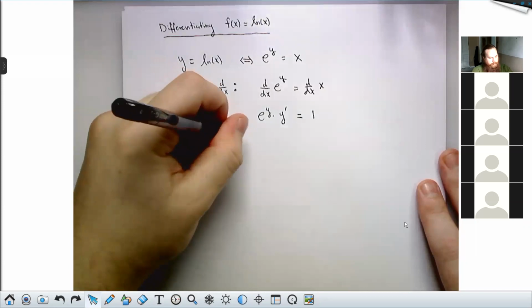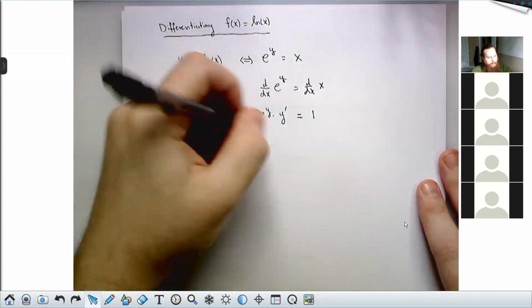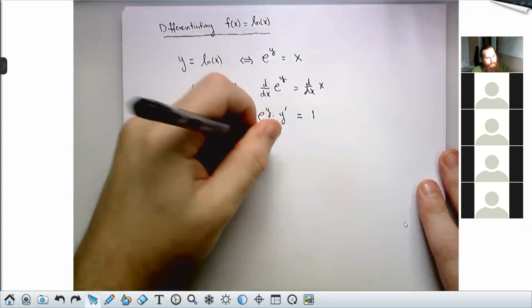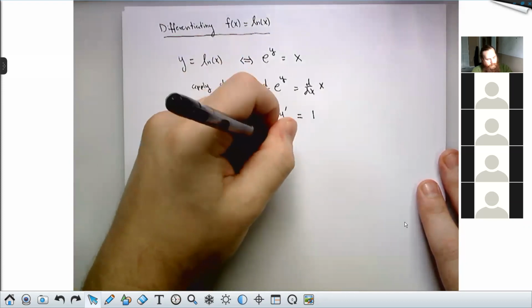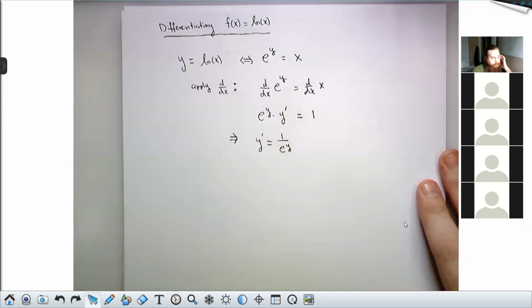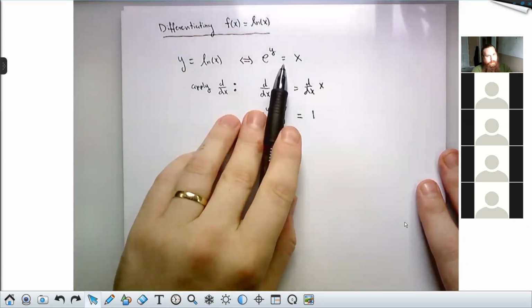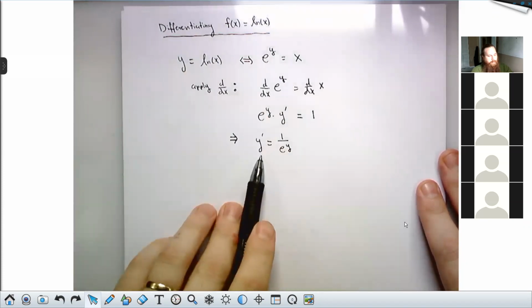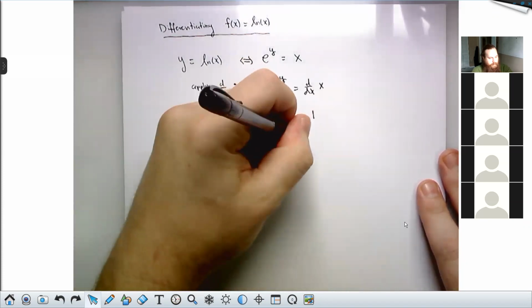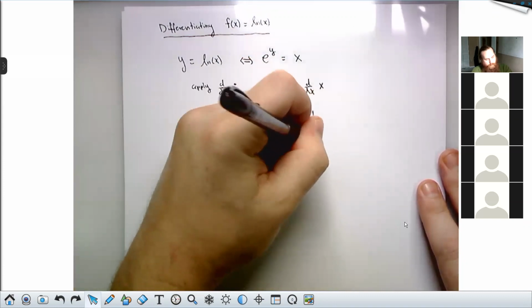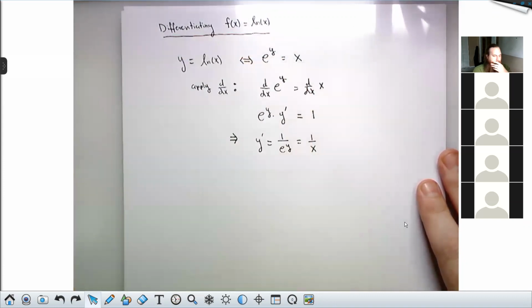Which means that y prime is 1 over e to the y. But e to the y is x. So y prime is 1 over e to the y, which is the same as 1 over x.